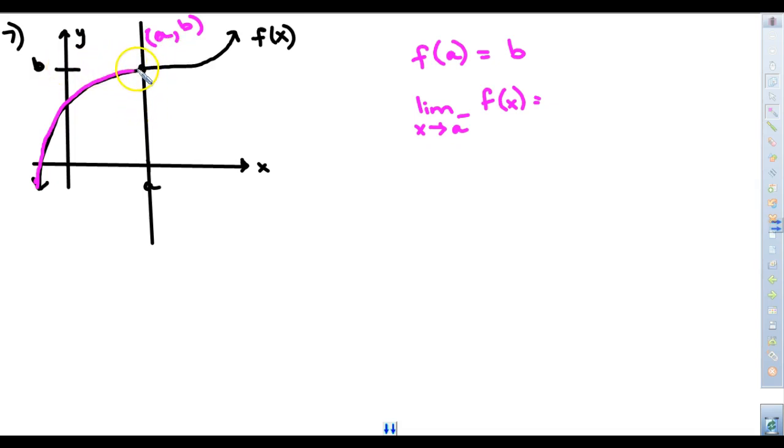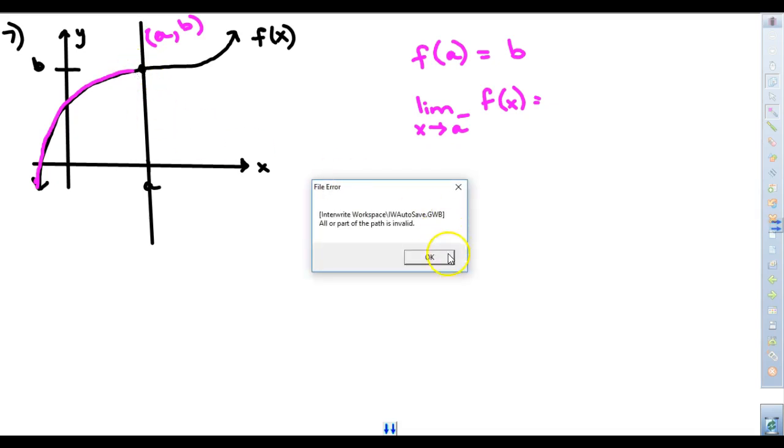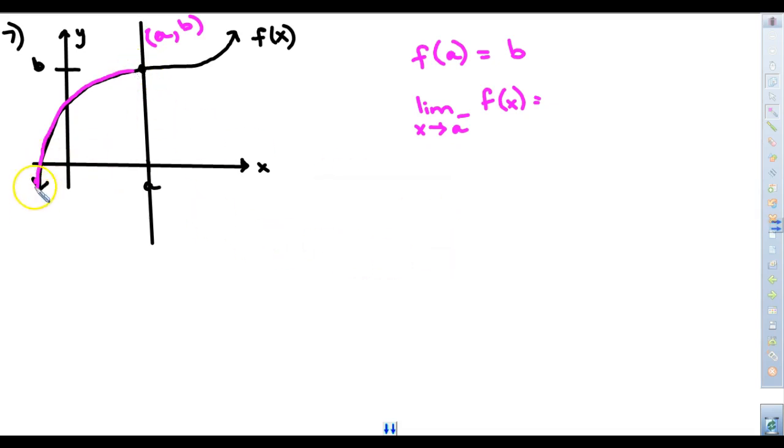And f of x is approaching b. Okay, and again, don't think of it as it's going to necessarily get there or not. Just think of what is it approaching. All right. So from the left side of a, as we approach where x equals a, you're asking yourself, what is y approaching? y is approaching b.